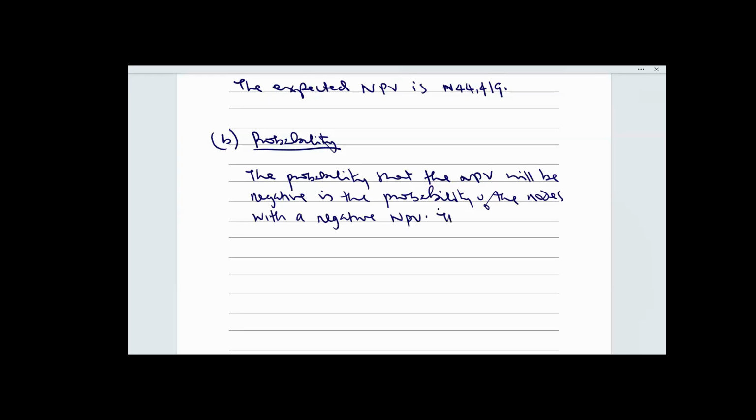This is shown in the calculation below. Let me write this.